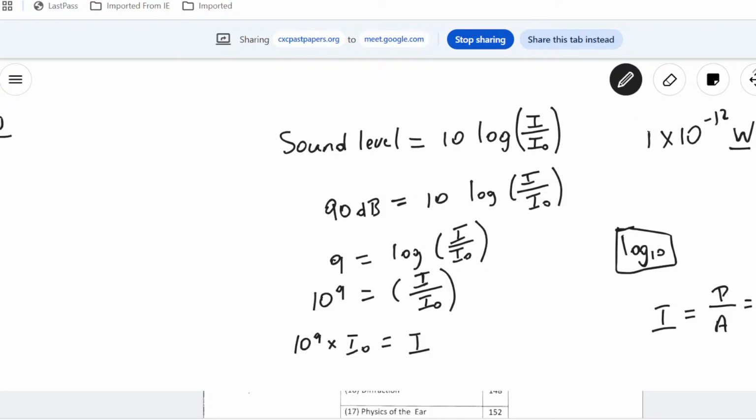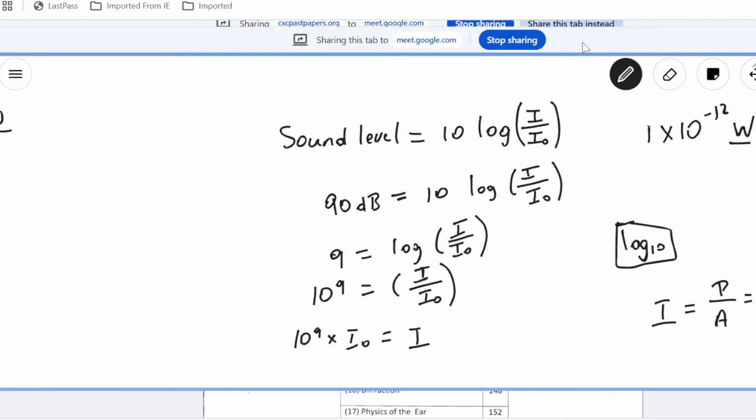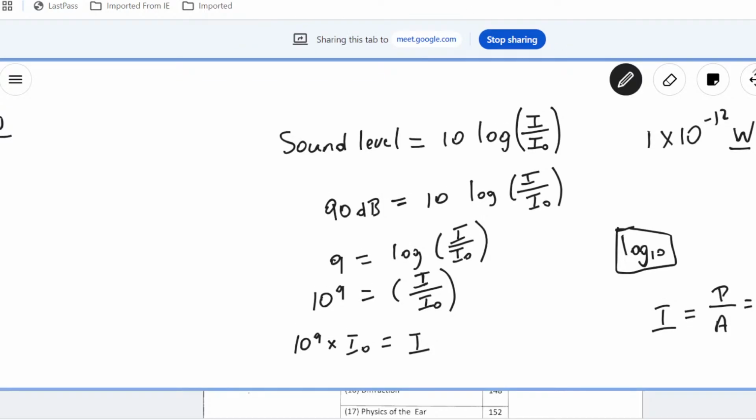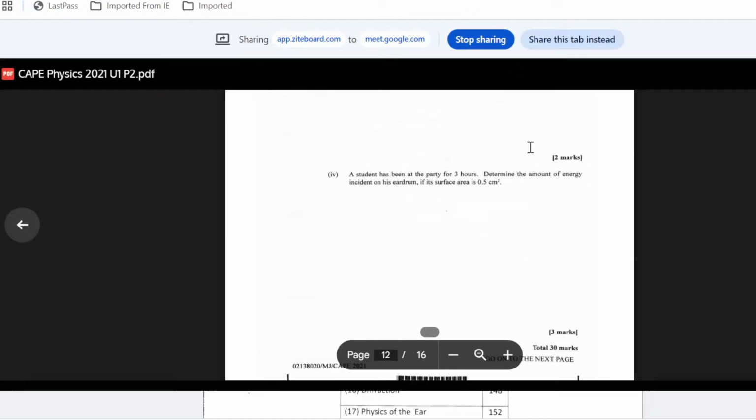Energy over time. What do they want? Determine the amount of energy incident on. Yeah, so I think we have enough to calculate this. Calculate energy.